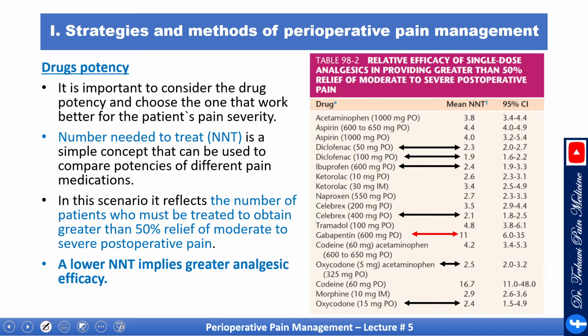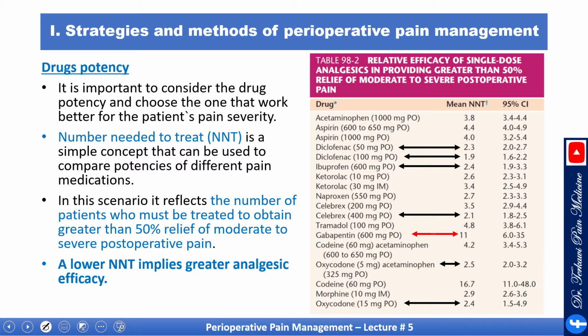The number needed to treat is basically the number of patients who must be treated to obtain greater than 50% relief of moderate to severe postoperative pain. The lower the number needed to treat, the greater the analgesic efficacy.